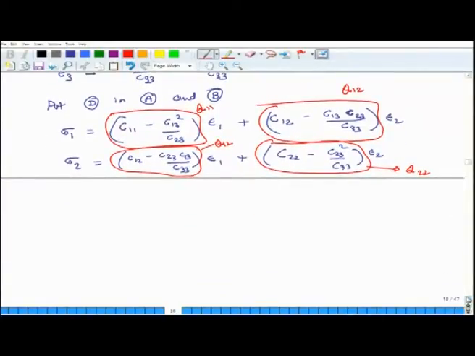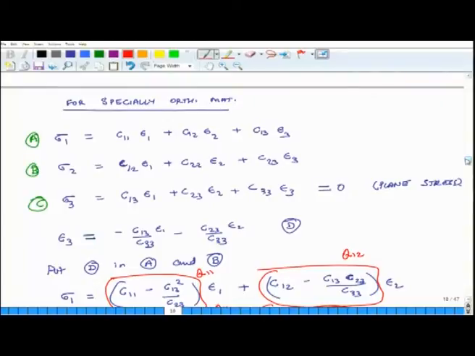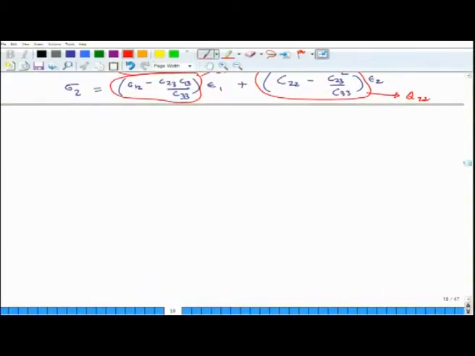So, we have developed expressions for sigma 1 and sigma 2 in terms of epsilon 1 and epsilon 2 for the plane stress state, because we have imposed the condition of sigma 3 being 0. Okay. Next, look at shear stresses.